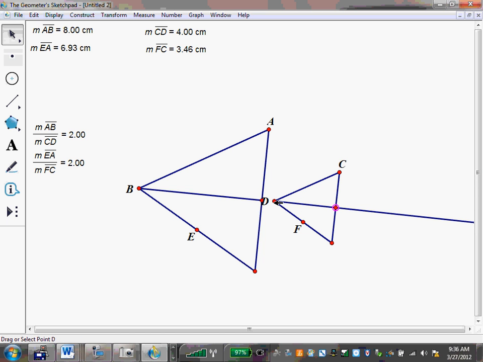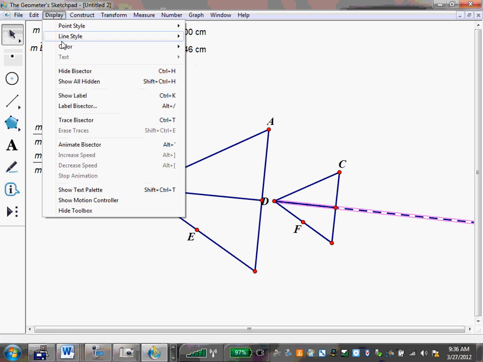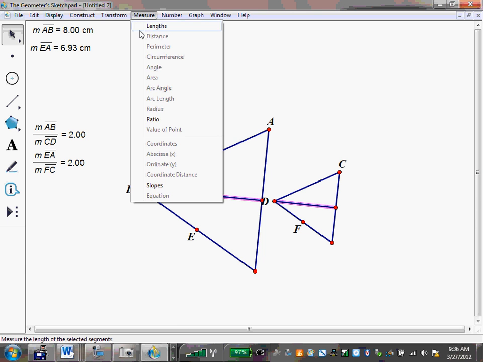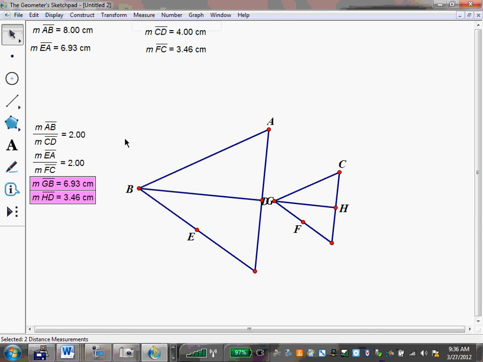I'm going to highlight both points and say construct a segment, and then hide the actual bisector. Okay, now I'm going to measure those lengths to see if they are also in the same ratio as the lengths of the sides of my similar triangles. So I'm going to highlight those two. I'm going to say measure lengths, and here they are.